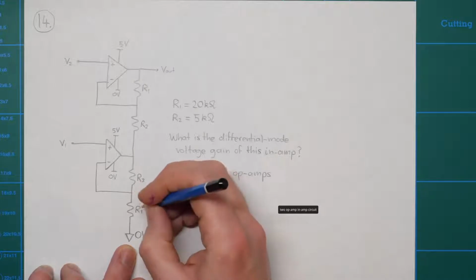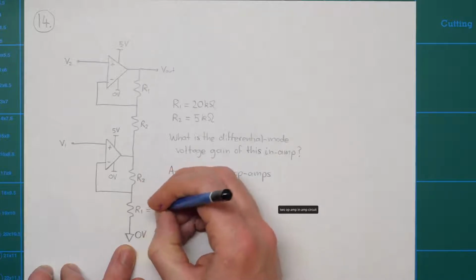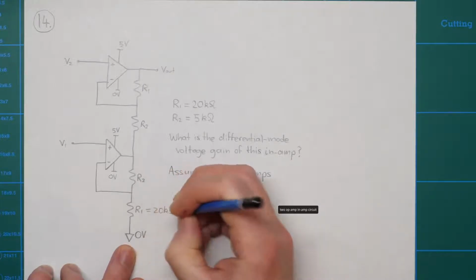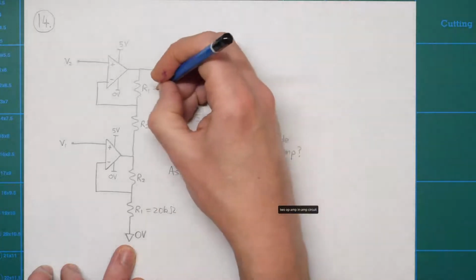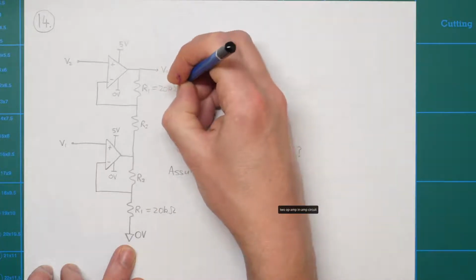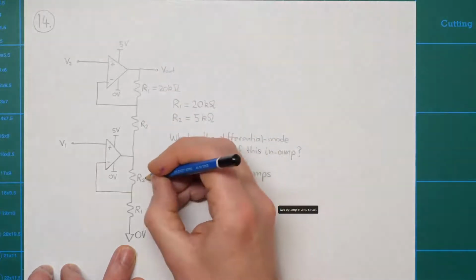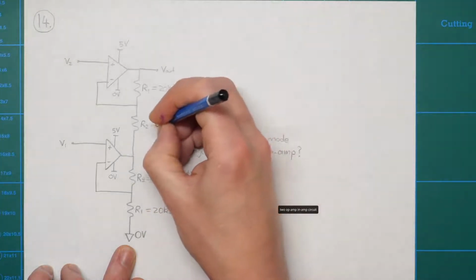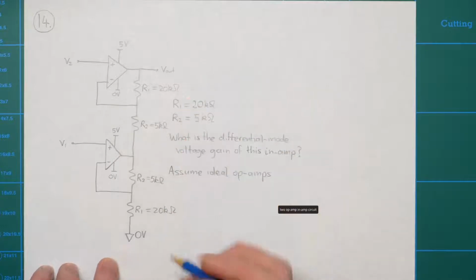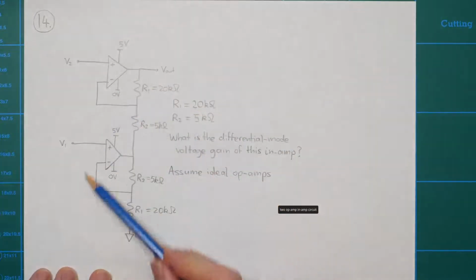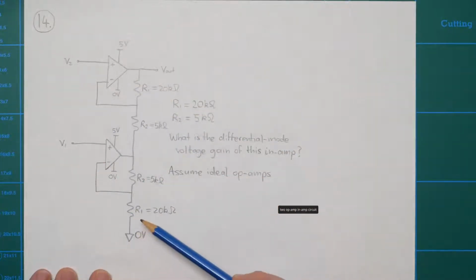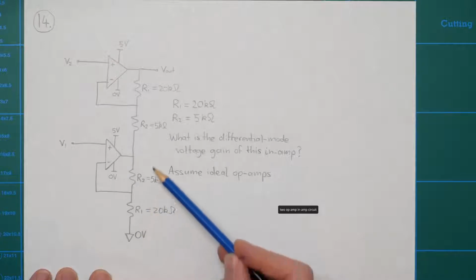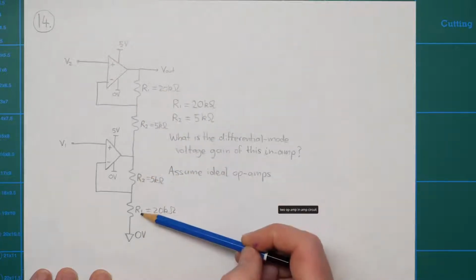Let's just put in the values here. R1 is 20 kilo ohms, and R1 appears twice in the circuit, of course. R2 is 5 kilo ohms. For this in-amp to do its job effectively, you need very carefully matched resistor values.